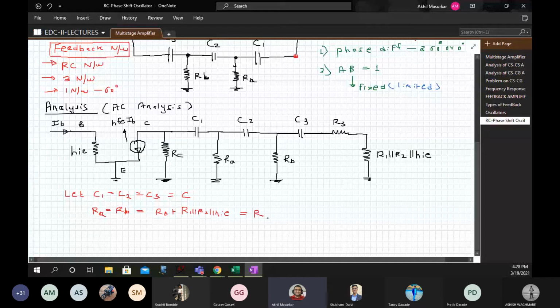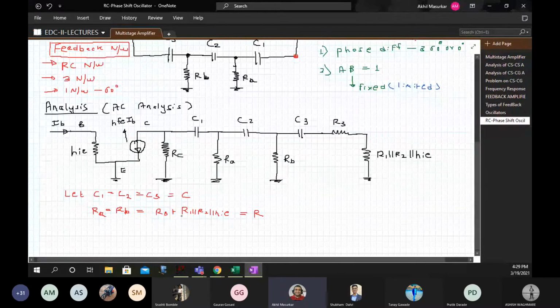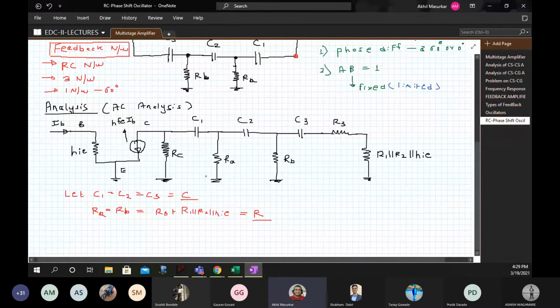This is equal to R. Meaning in the feedback network, all capacitances have the same values, and all resistances as seen by the oscillator should also have the same values. C and R are the values.